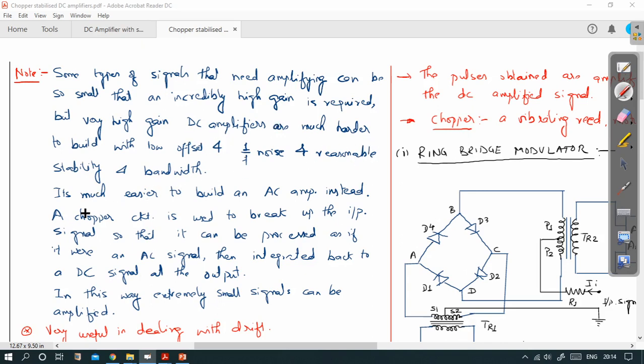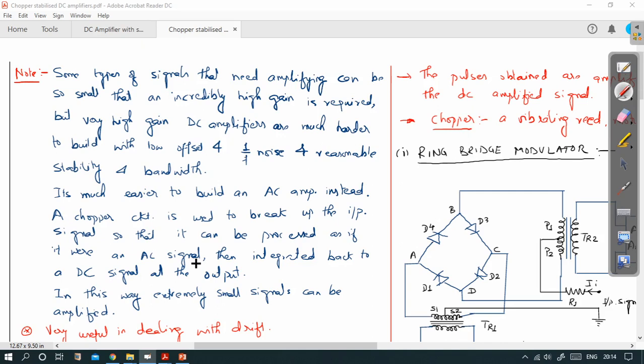Okay, and it's much easier to build an AC amplifier instead. A chopper circuit is used to break up the input signal so that it can be processed as if it were an AC signal. The first stage is to chop the signal, so the chopping will convert DC into AC.